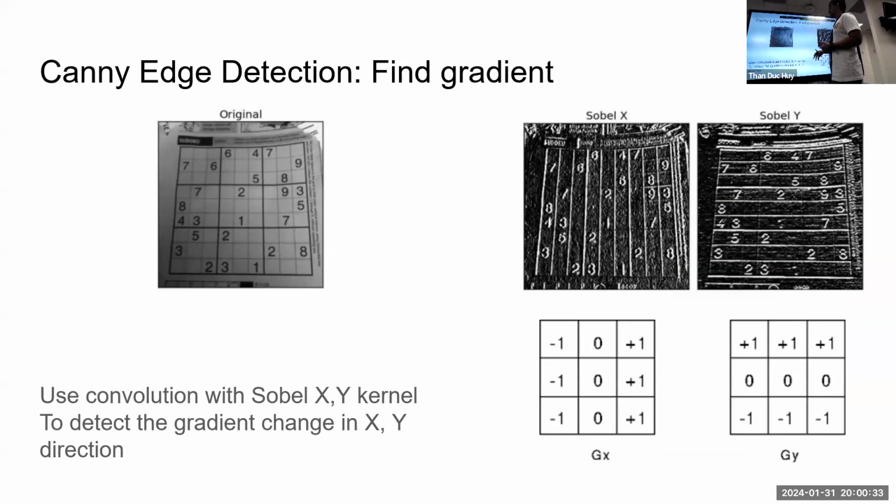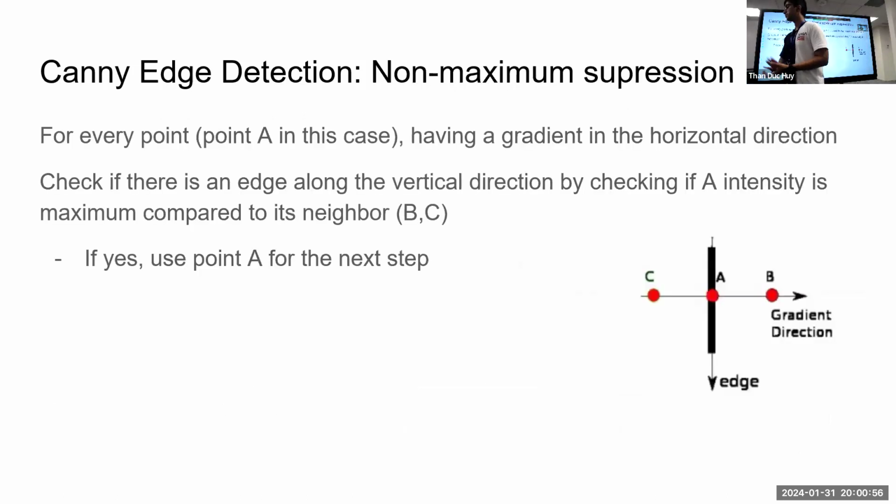If you perform convolution using this particular matrix, you can see that all the vertical lines have been isolated and the horizontal lines have just disappeared. Quite similarly, when you perform convolution using this, all the horizontal lines exist while the vertical lines have disappeared. So that is how you isolate some specific features in the image.